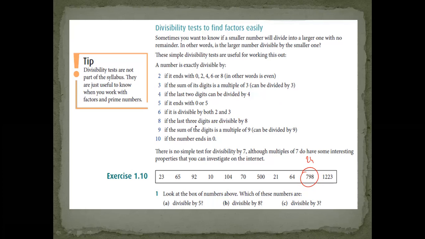If the last 3 digits are divisible by 8, the last 3 digits, maybe here 8, and here 9 and 7.